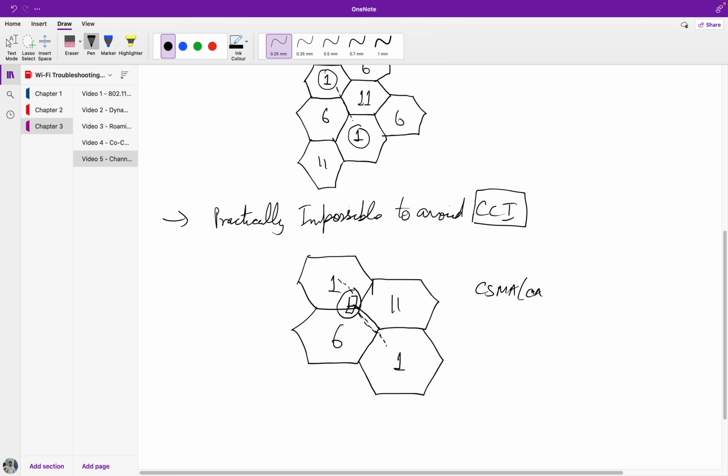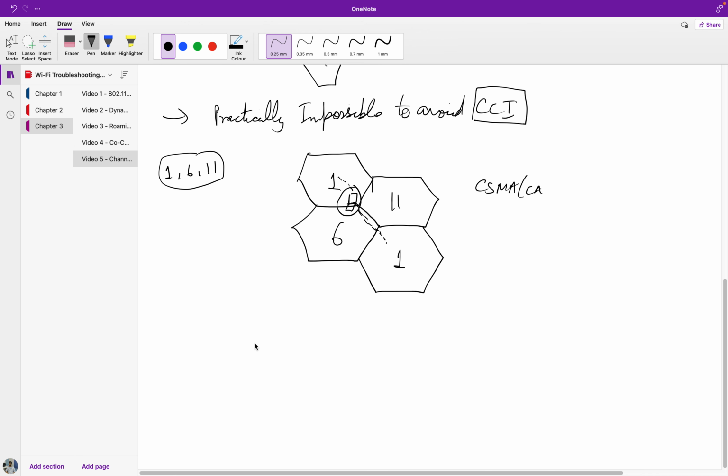Now, this is only happening because there are only three channels available, right? 1, 6, and 11. If there were more channels like in 5 gigahertz, then we can have all the range that we need to work with: 36, 40, 44, 48, 52, and so on, 100, 104. All those can be used, and then we can actually have more channels, and the channel schema can be a lot better.